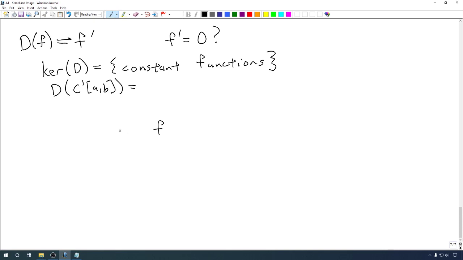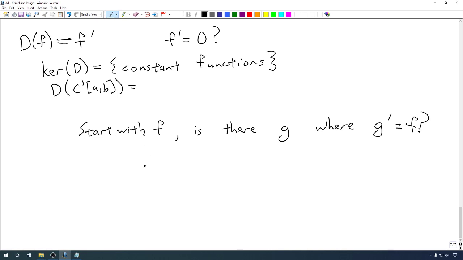So we start with f. Is there a g where g prime is equal to f? Is that a possibility?